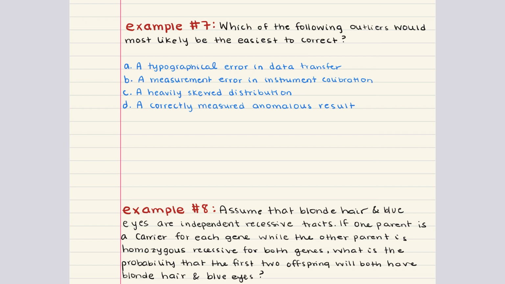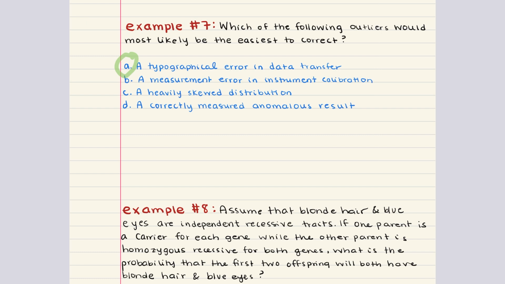really easy to correct. It's actually the correct answer for this problem, but we're still going to work through B, C, and D. B says a measurement error in instrument calibration. Now, a measurement error due to faulty instrument calibration is more complex because it often affects multiple data points rather than a single outlier.